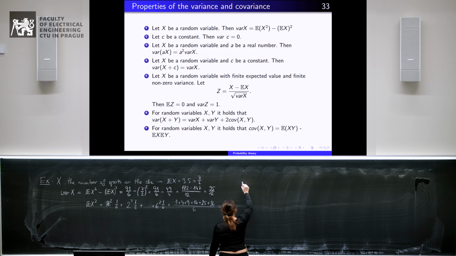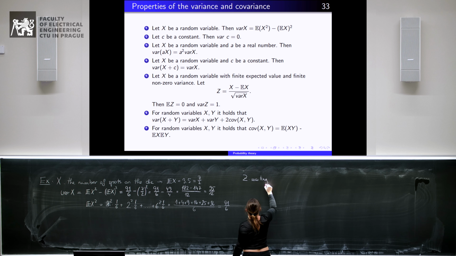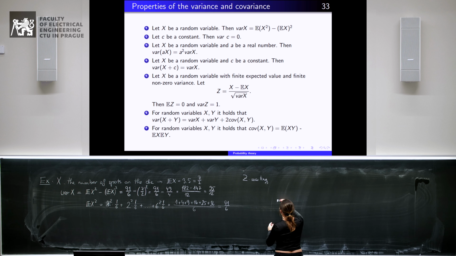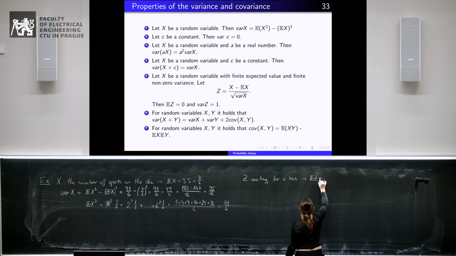And then when we use, for example, Z, waiting for a bus with intervals of 10 minutes, and we don't know the schedule, in this case we calculated that the expected value is equal to 5.